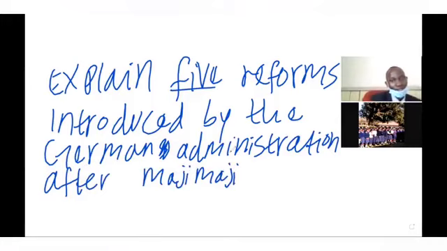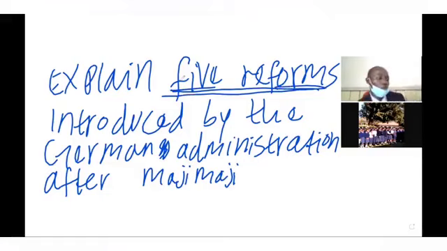Now, as a student it is very important to note that reforms are positive changes. So a reform is positive changes.